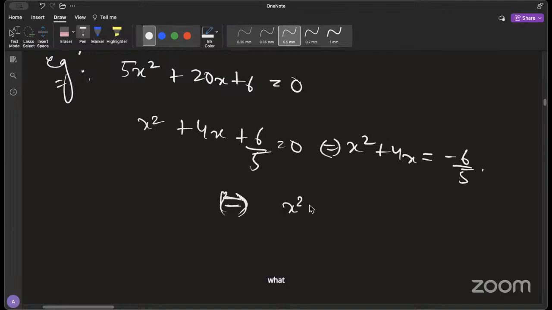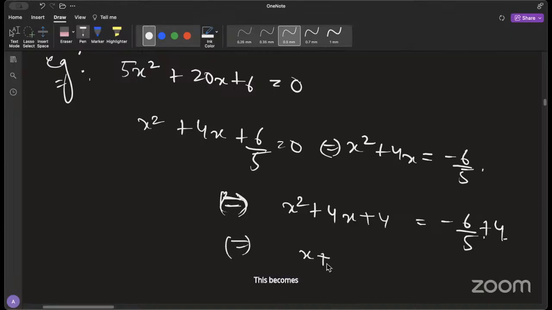What should I add here now on both sides? Four. Right. This becomes the square of x plus 2.